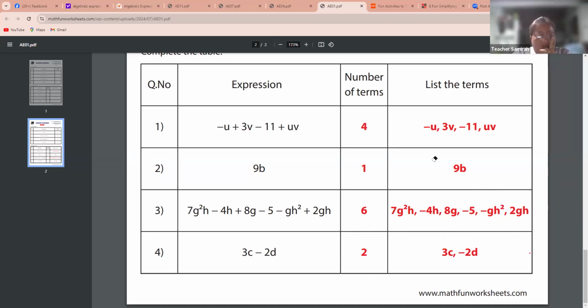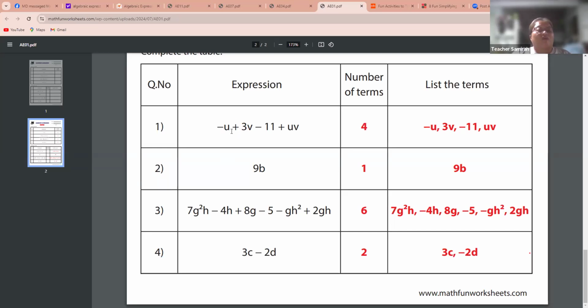So those are correct. If you look at it, everybody, based on the different expressions that were written in front of us, the only thing that could determine the terms is the operation, the basic operation.